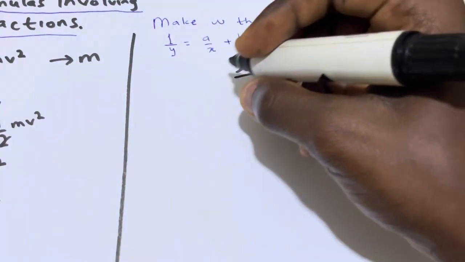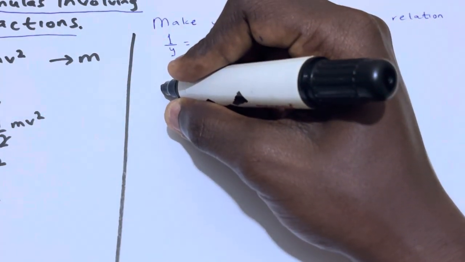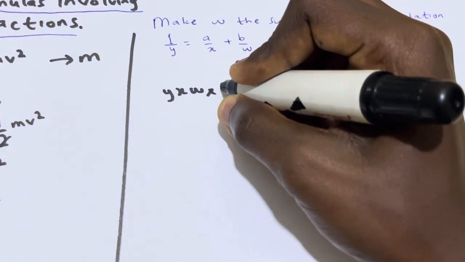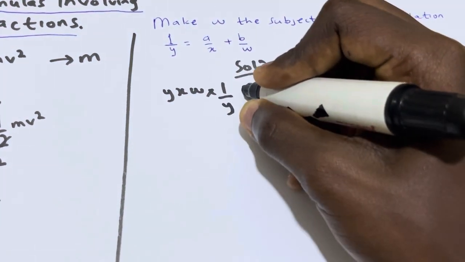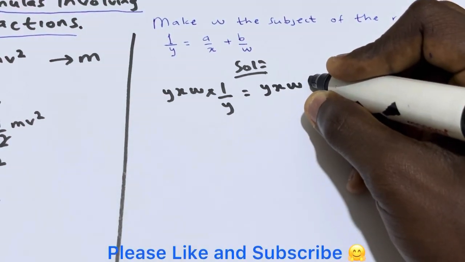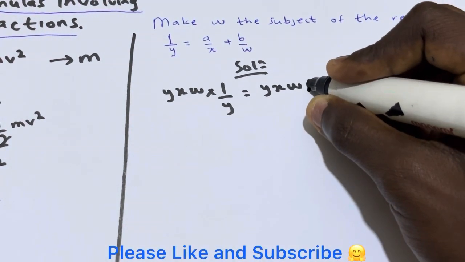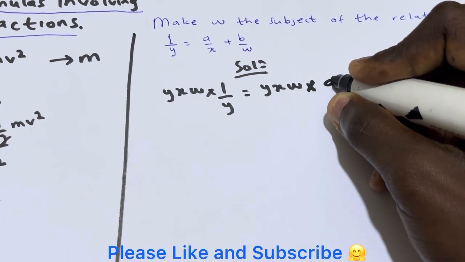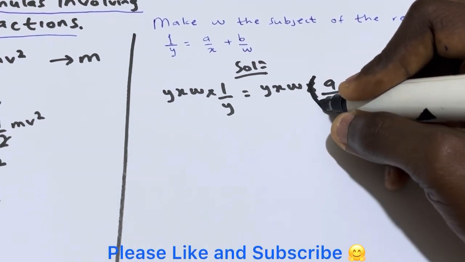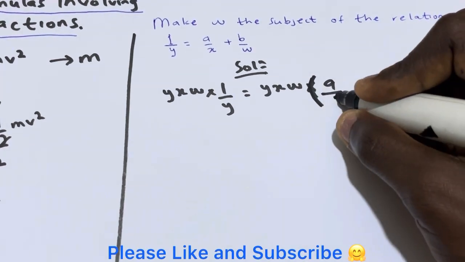So you have to multiply through by y, x, and w to all sides. Let me use brackets because the x might confuse us.